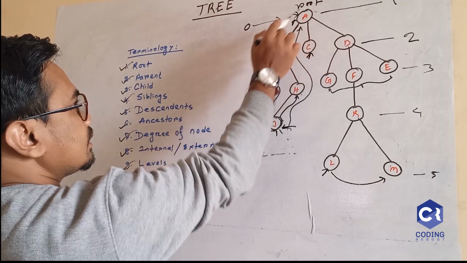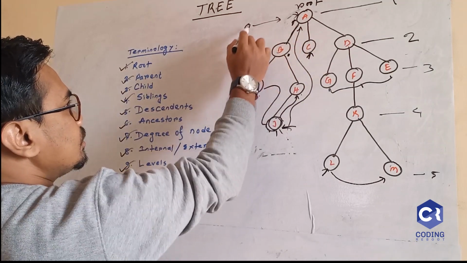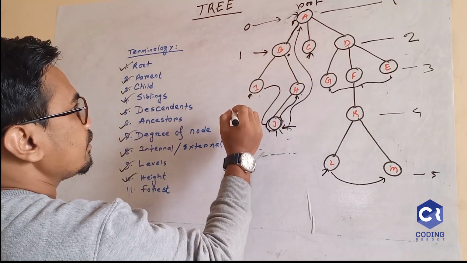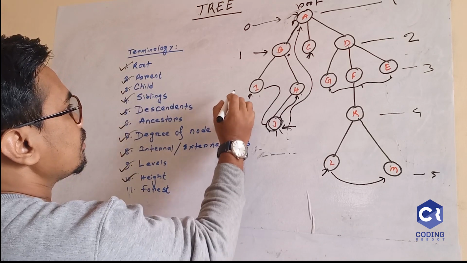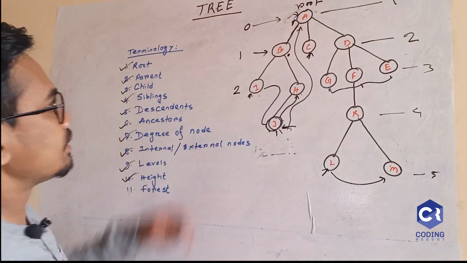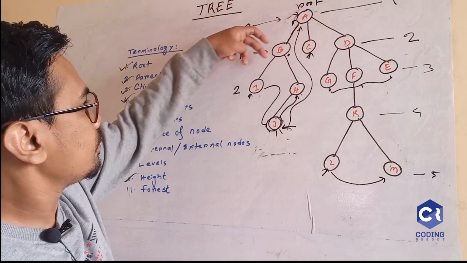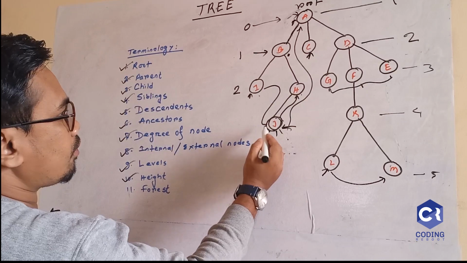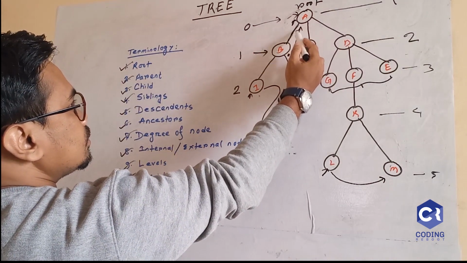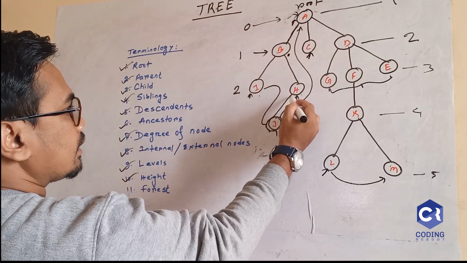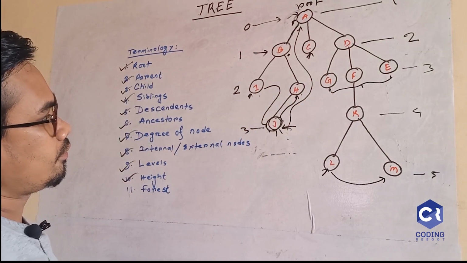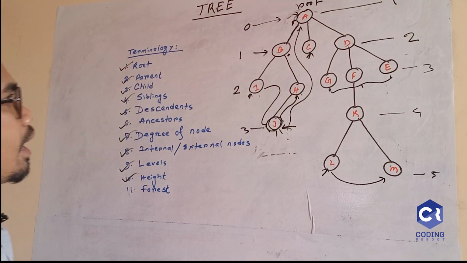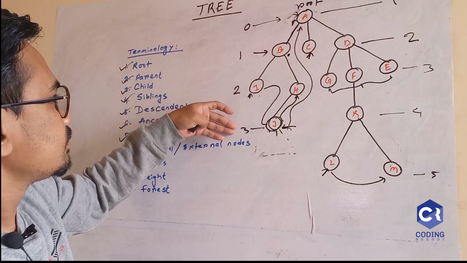So this is 0, 1, and from A to I, if you want to come to I, then we have to cross 2 edges, that is A to B and B to I. So this is the height, 0, 1, 2, and what about this? 1, 2, and 3. So the height of this tree is 3.